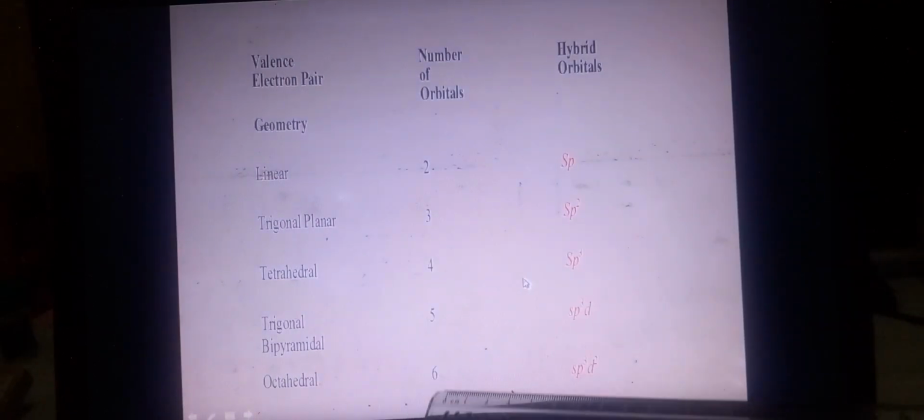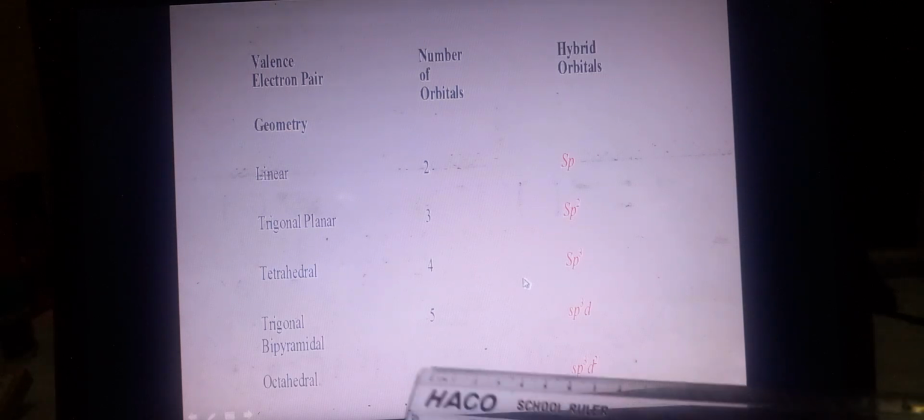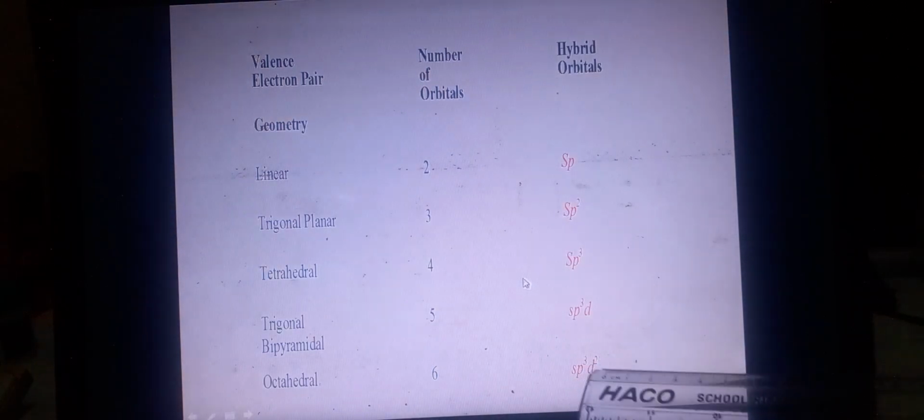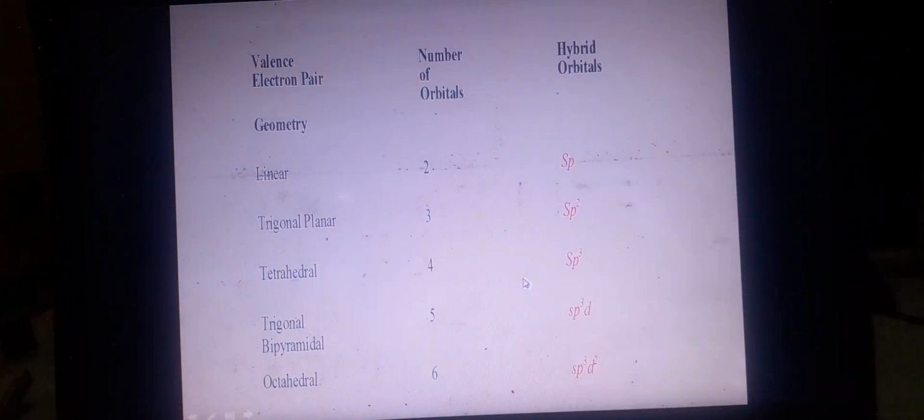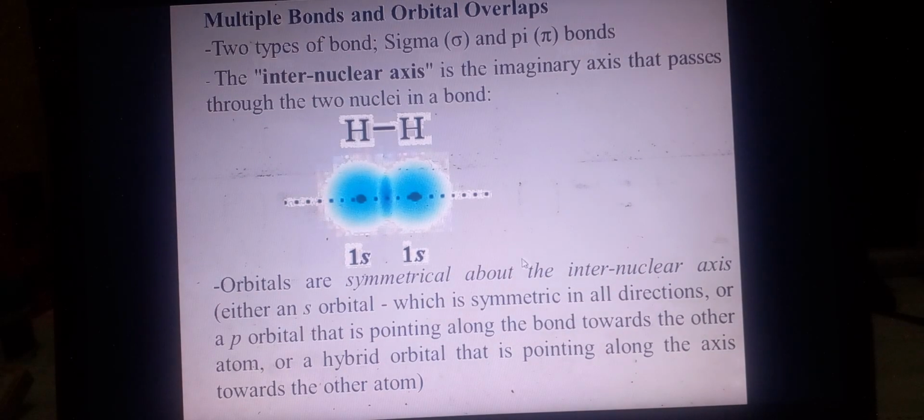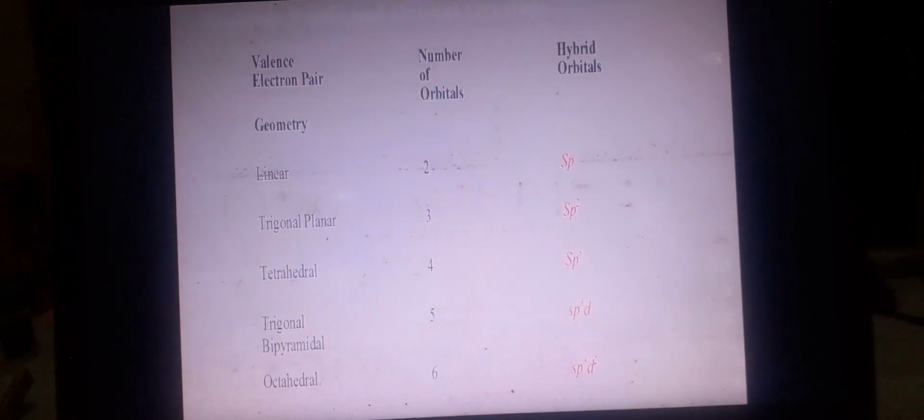Then if it has 6, like sulfur hexafluoride, it is octahedral. It will undergo sp3d2 hybridization. So that lecture ends there for now.